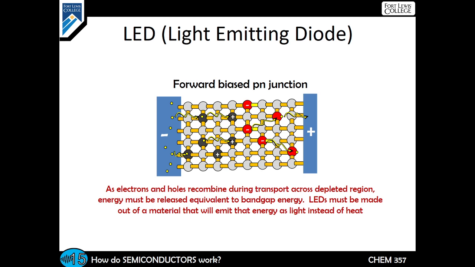You just want to make sure you've optimized your material so that energy is emitted as light, instead of just having an easy way to transfer that electronic energy to the vibrational energy of the atoms in the lattice, which would make it heat up instead.